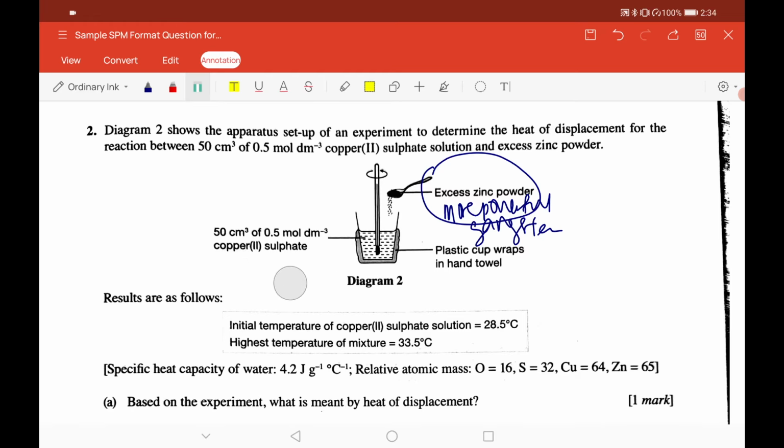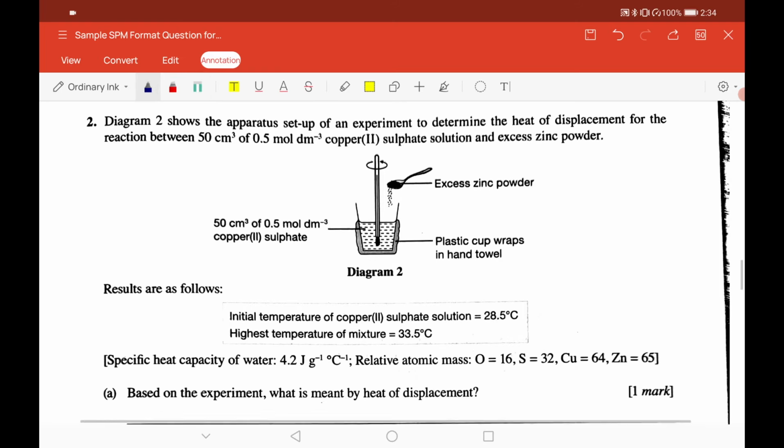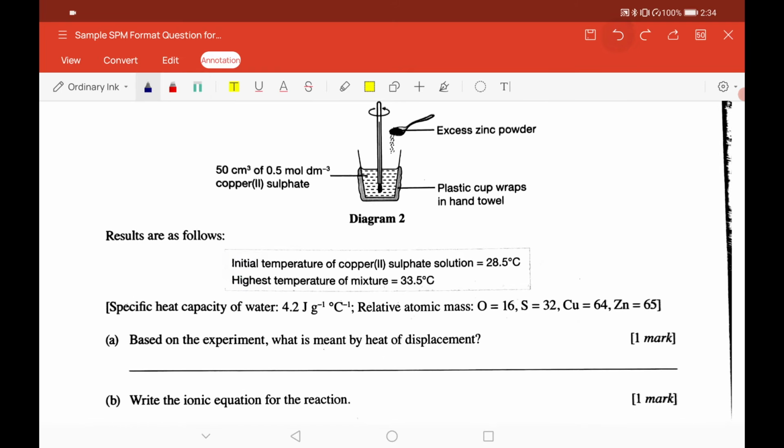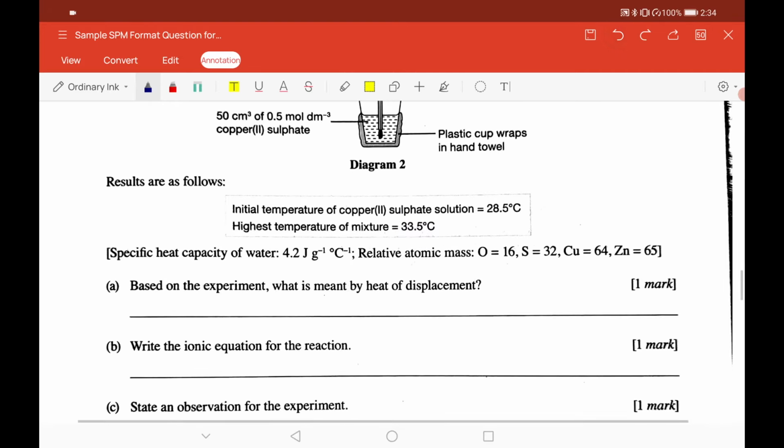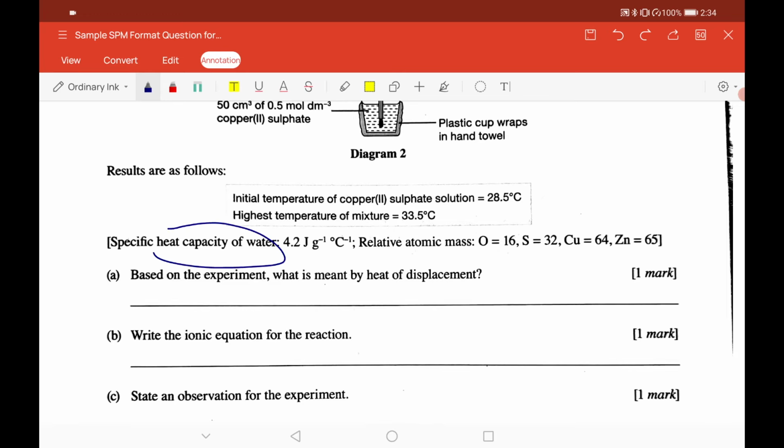Okay, so now you are given some information. You are given the temperature. Initial temperature is 28.5. The highest temperature is 33.5. They also give us the specific heat capacity.